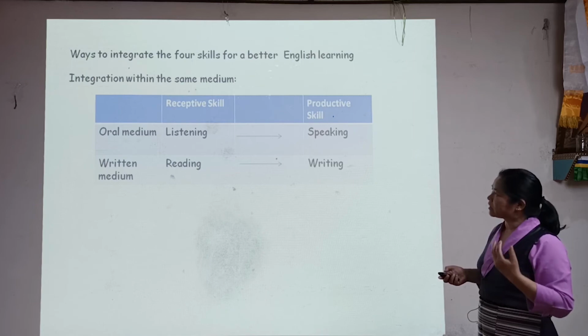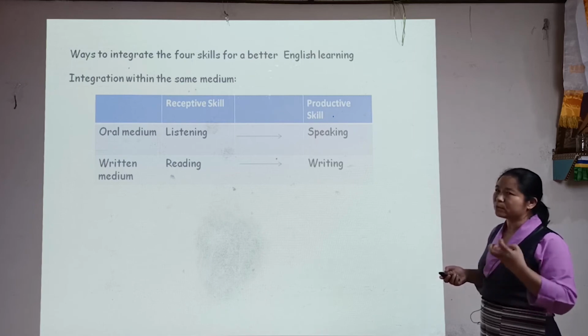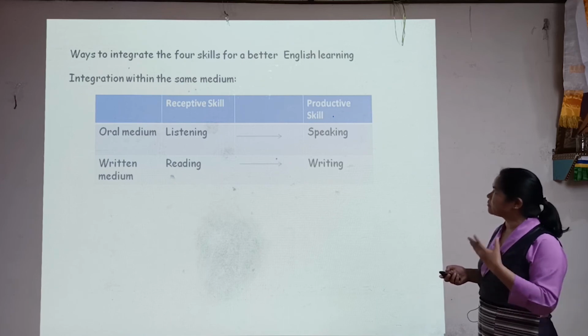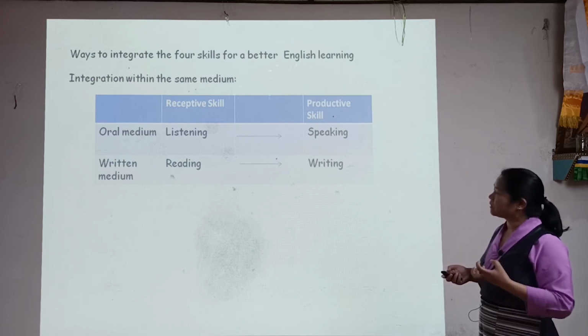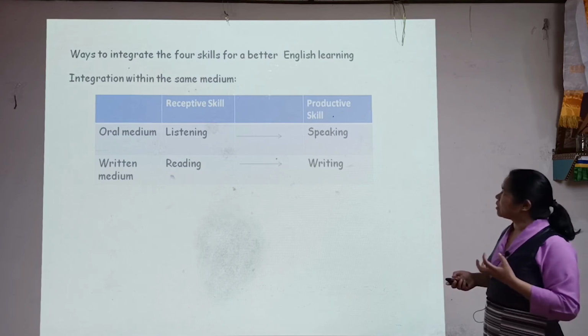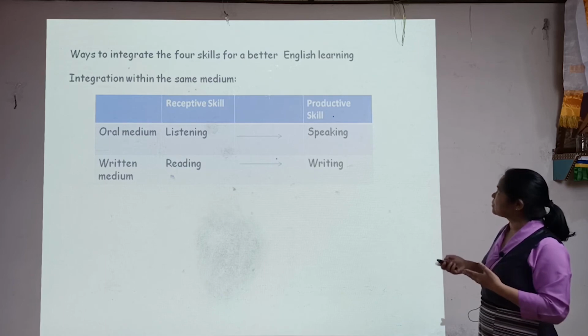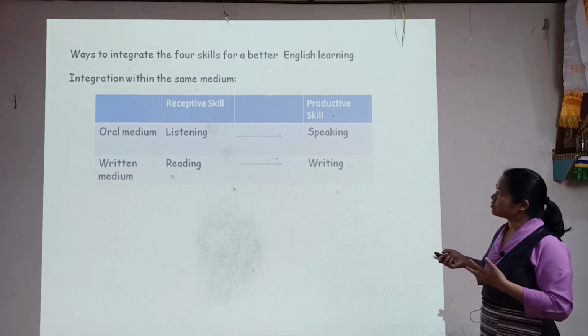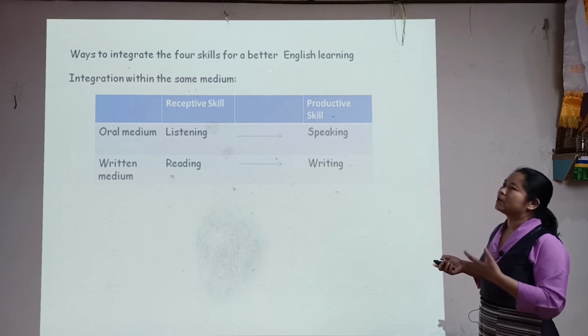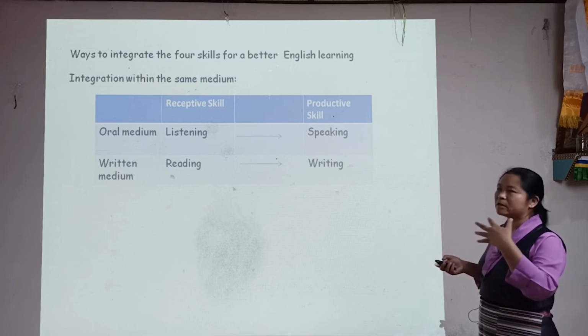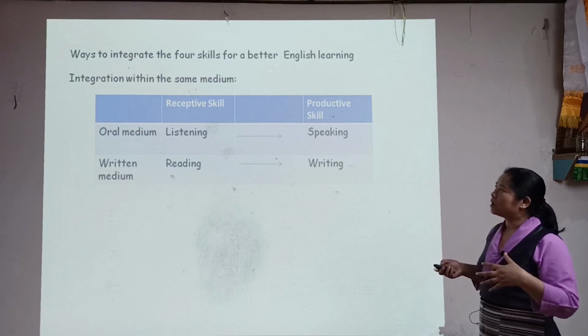Then we have the second medium, the written medium, in which we use symbols and signs: reading and writing. If we combine these, again, it becomes easy. But that doesn't mean that that is the end of everything. We can combine listening with writing, reading with speaking as well. What I mean is there should be an input as well as an output for a better learning of the language.